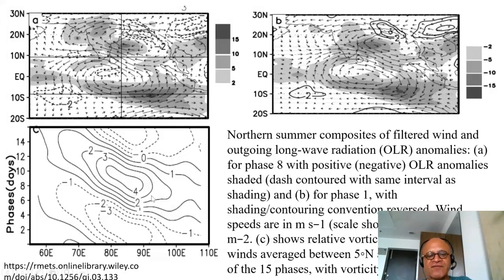And the relative vorticity of the composited winds averaged in the deep tropics between 5 south and 5 north is shown here to basically argue, and here are the phases shown again.